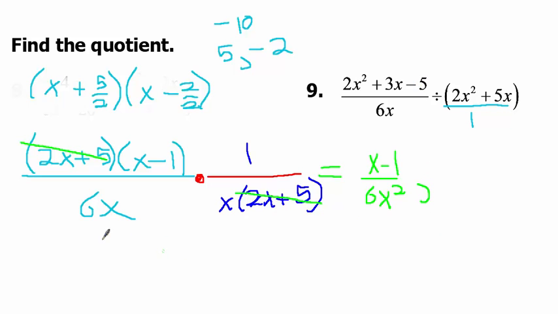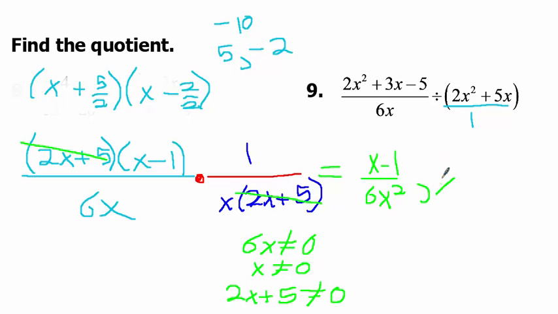And the last thing that we need is everything that is or was in the denominator cannot equal 0. So 6x cannot equal 0. x cannot equal 0. And 2x plus 5 cannot equal 0.